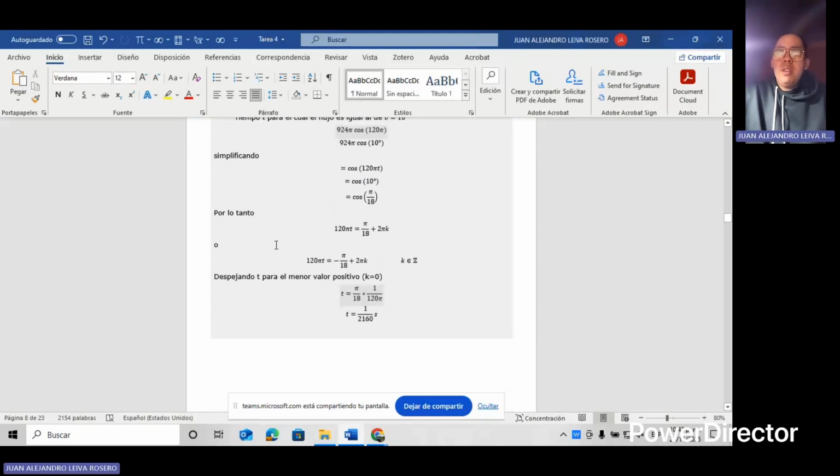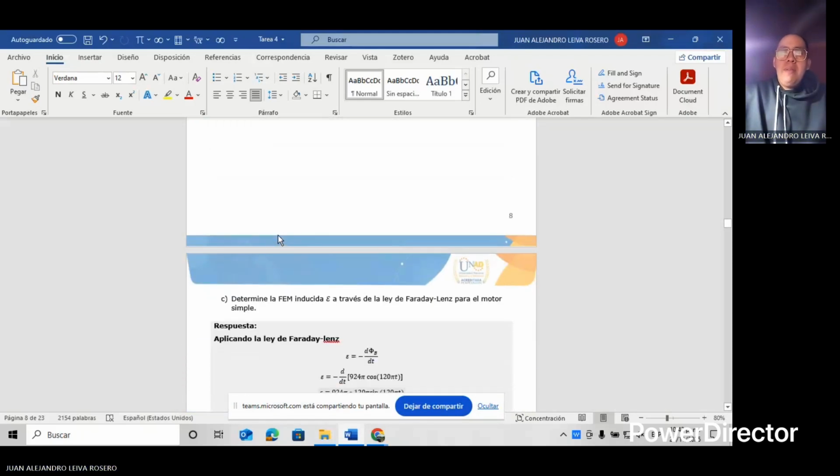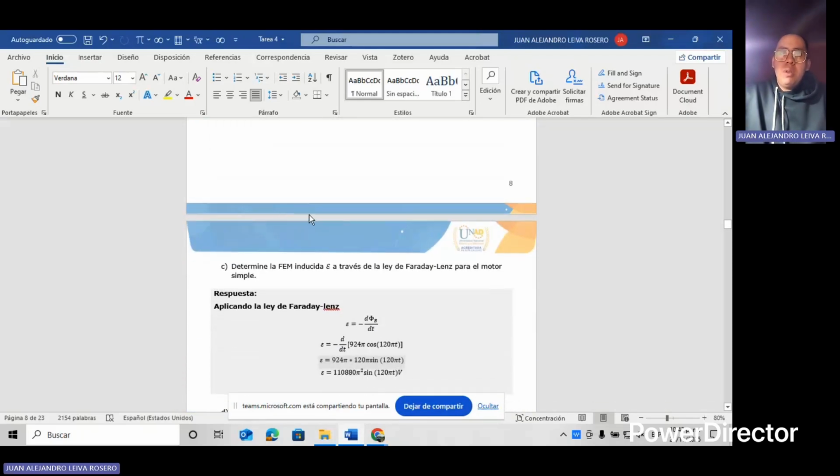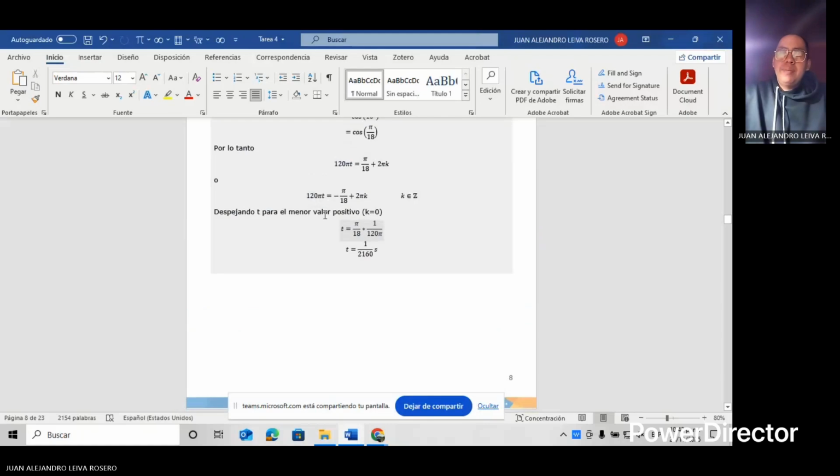The general solution for the smallest positive solution has k equal to 0. This small t reflects the high angular frequency of the motor. The flux evaluation at specific times reflects the periodic nature of the function.